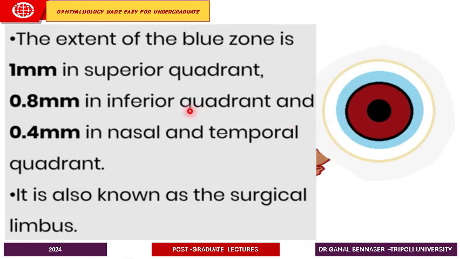Now, the dimensions of the blue zone: superiorly it is around 1 millimeter, and inferiorly around 0.8 millimeter. So there is a difference between the thickness of the blue zone in the superior and inferior parts. However, in the horizontal meridian, it is nearly 0.4 millimeter, which is equal on both sides.